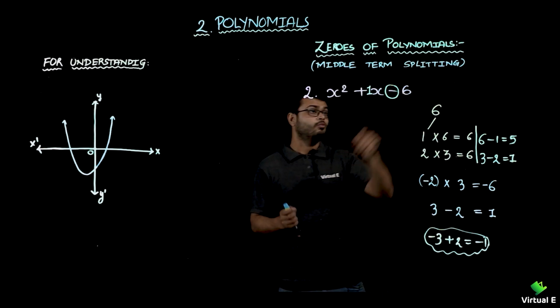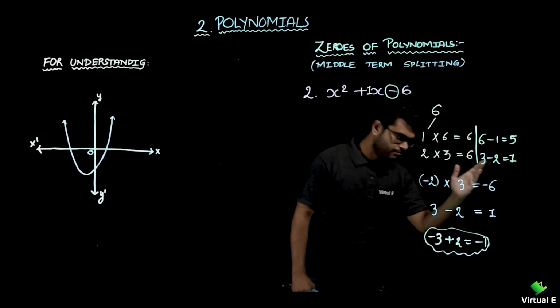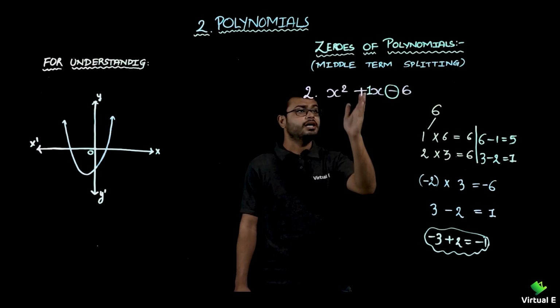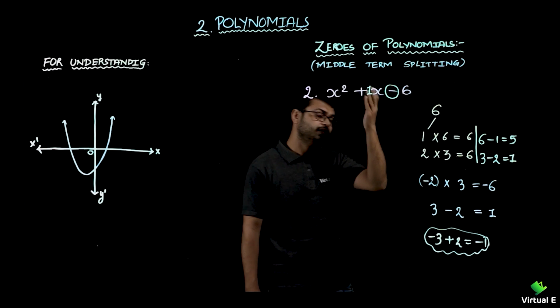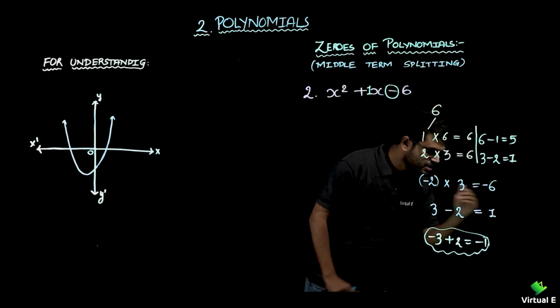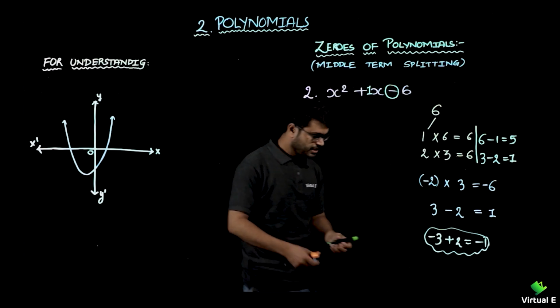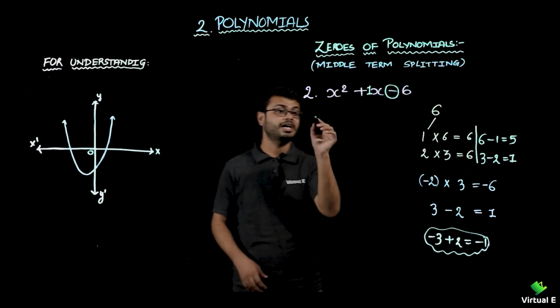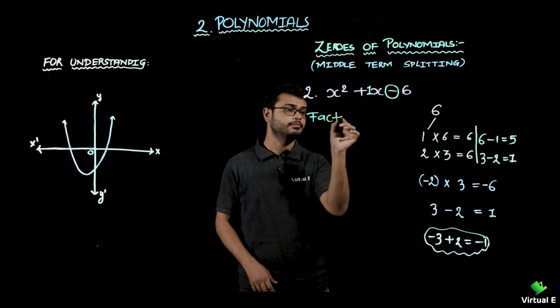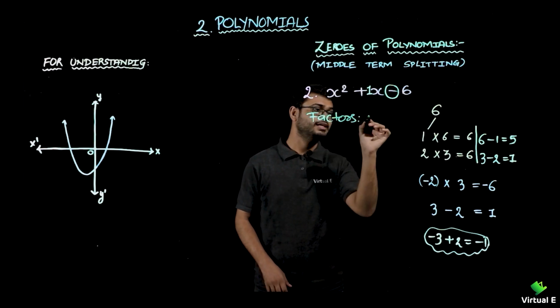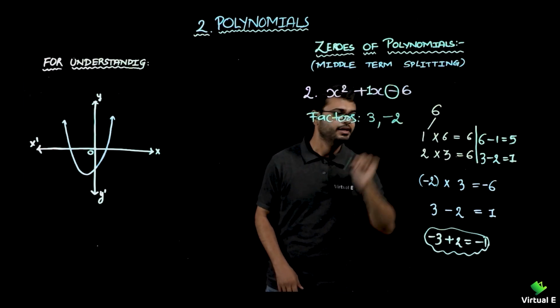Now compare, what is the constant? Minus 6 here. What is the middle term? Plus 1x, or you can say only plus 1 for value, which is 1. So what are my factors? 3 and minus 2.